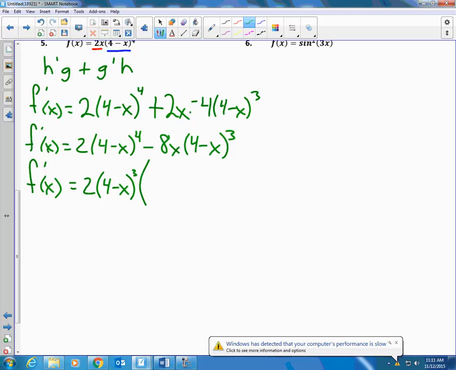Each one of these has a 4 minus x to the 3rd, and each one of these has a 2. And I take the 2 times the 4 minus x to the 3rd out of here, what's left? 4 minus x minus, I take it out of here, what's left? 4x.